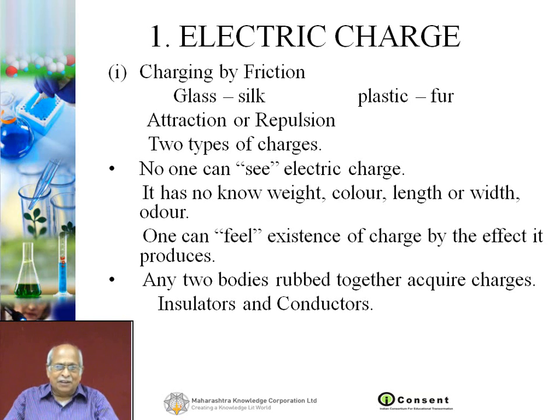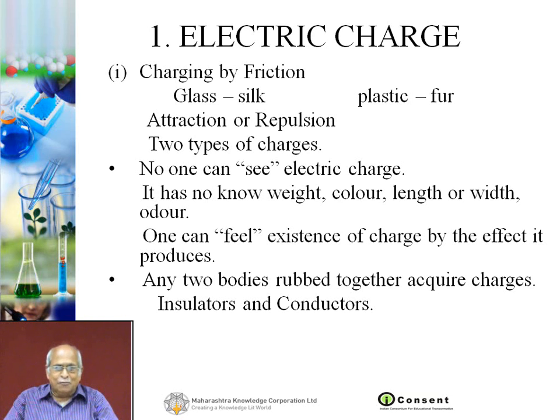Once this was decided, scientists tried to develop charge on other bodies. In one such attempt, a plastic rod, or maybe called ebonite rod, rubbed with fur or wool or cat skin, was also found to get charged.